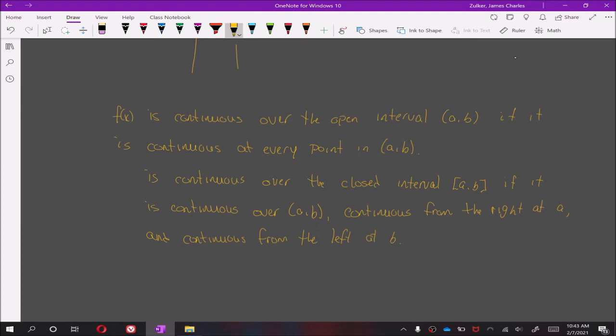And just by taking the appropriate parts, we can define what it means to be continuous over half open intervals. That is left to the viewer.